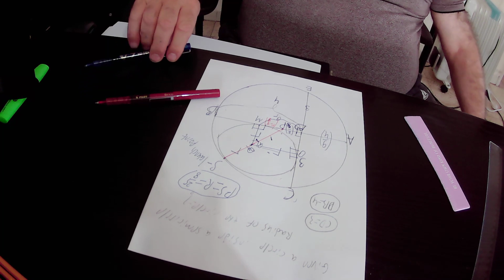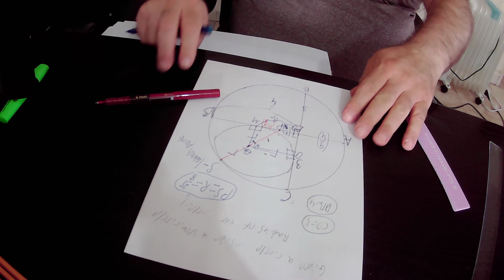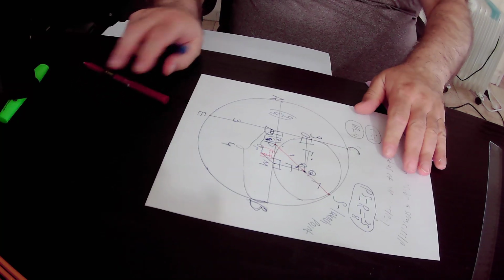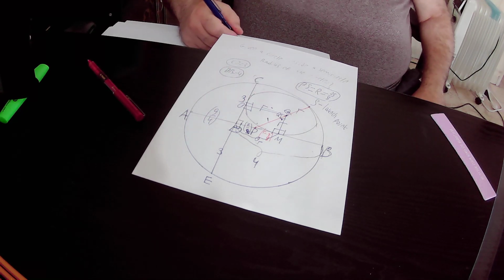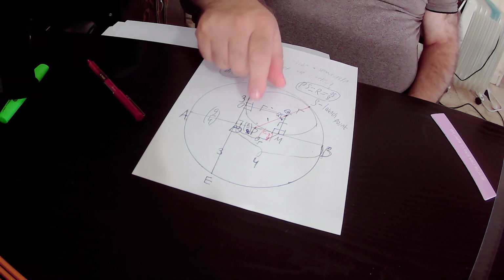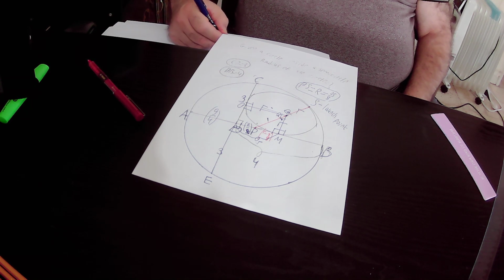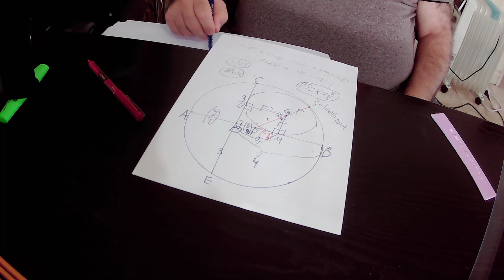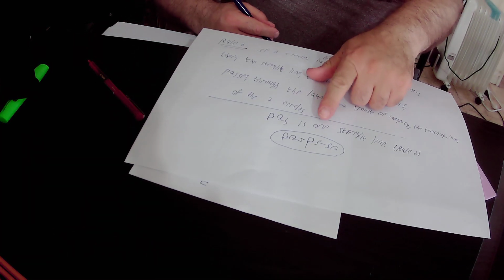Here, PQ, from the drawing, it is very easy to see that PQ equals PS minus SQ. Again, from the drawing, it is very easy to see that PQ equals PS minus SQ. Okay?